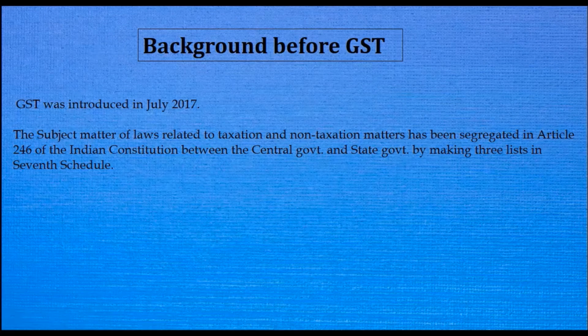In Article 246, we have three lists: central list, state list, and concurrent list. In the central list, the central government can levy the taxes or non-taxes, can make the laws with respect to taxes or non-taxes. In the state list, the state government has the power, and in the concurrent, both have the power to levy, to make the laws, you can say.